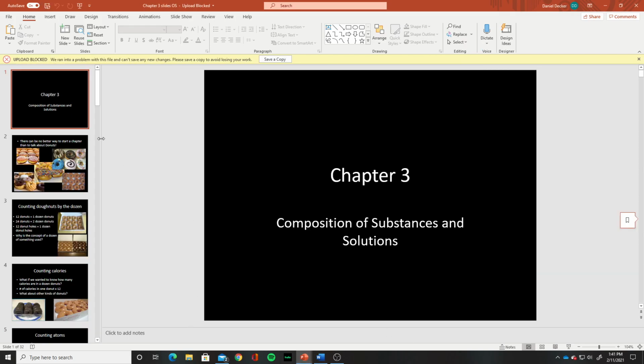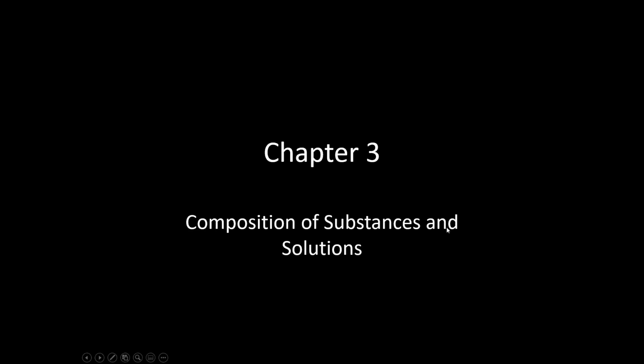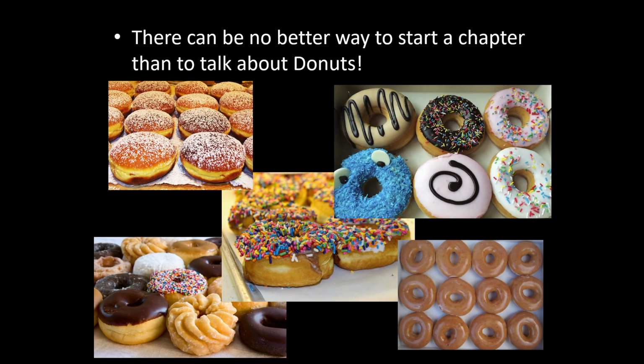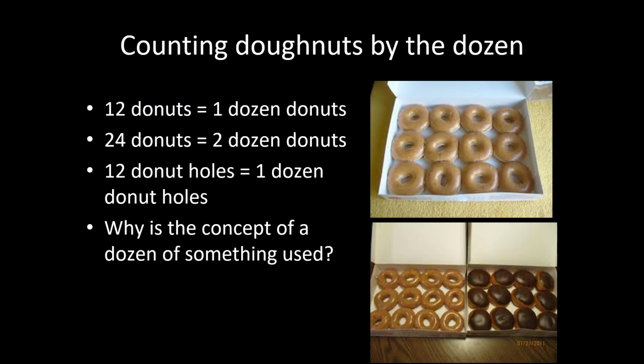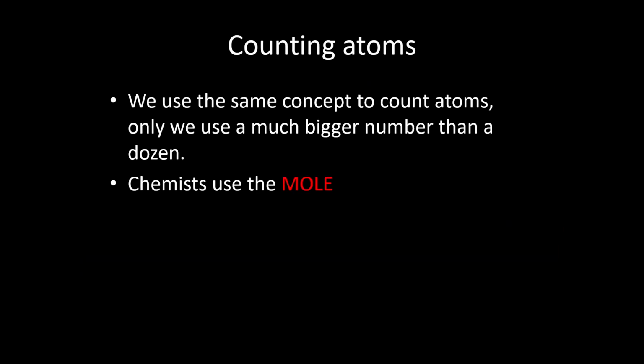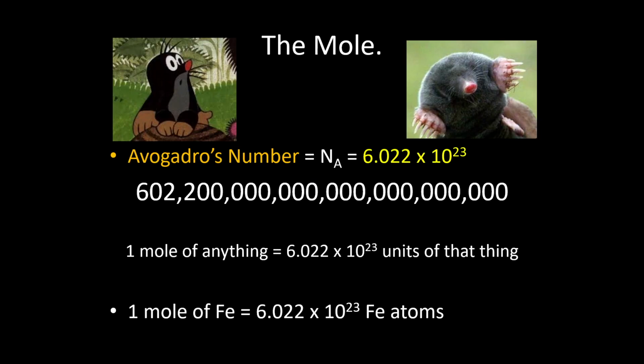Alright, moving on to our last chapter here. This is over mostly moles and molarity here, but we started off the discussion talking about donuts, comparing the idea of a dozen to the idea of a mole.